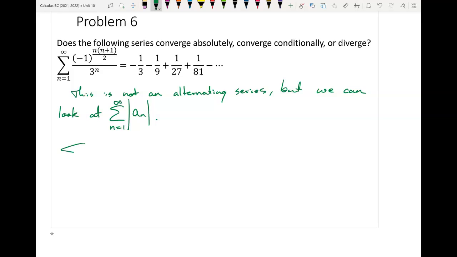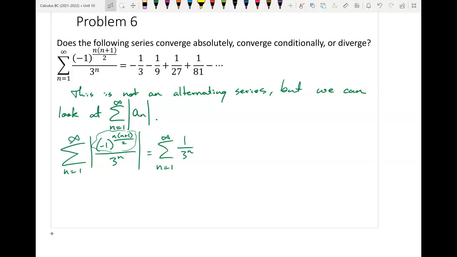If we do that, we see that all of this crazy stuff really results in this top part being what is causing the positive and negatives. And so if we take the absolute value of that, then all that negative just goes away, and we are left with just the series 1 over 3 to the n.